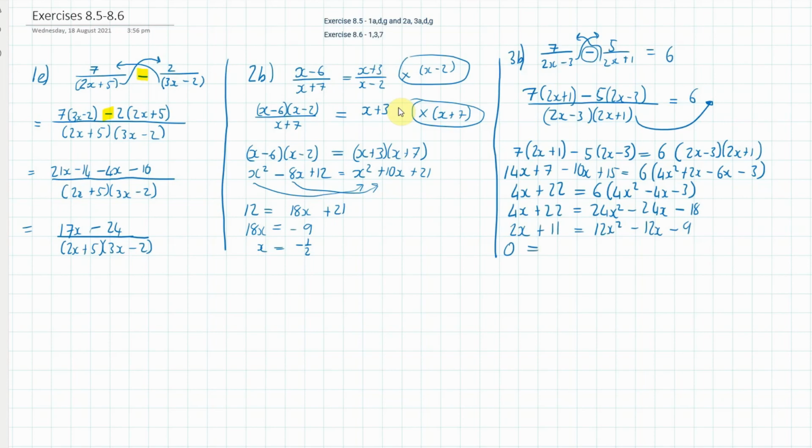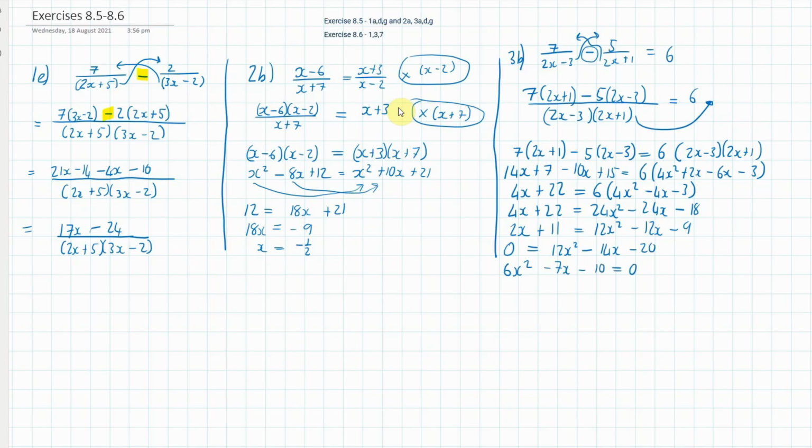So 0 is equal to 12x squared. Now when I pull that minus 2x across, I'm going to get minus 14x. And when I pull that 11 across, it'll be minus 11, which is minus 20. And I still see I can divide out by 2 again. So if I divide out by 2, I get 6x squared minus 7x minus 10 equals 0.